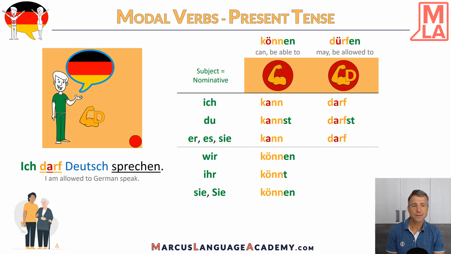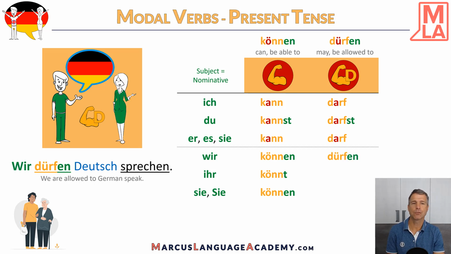Du darfst, with the ST, and then er darf. And in the plural it becomes regular again. Wir dürfen Deutsch sprechen. We are allowed to speak German. And the same applies for ihr dürft and sie dürfen.